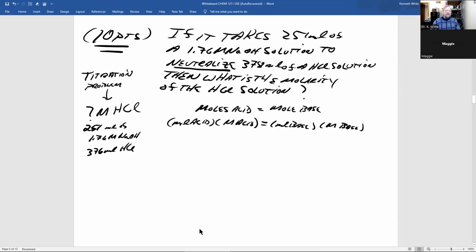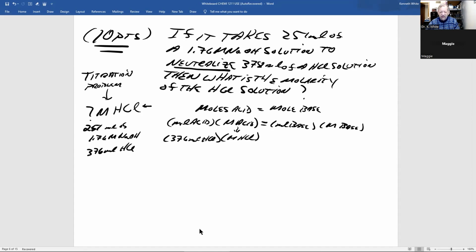Now, what's the acid? You should know hydrochloric acid. So we know we have 376 milliliters of acid, HCl, and we're trying to find the molarity of the acid.